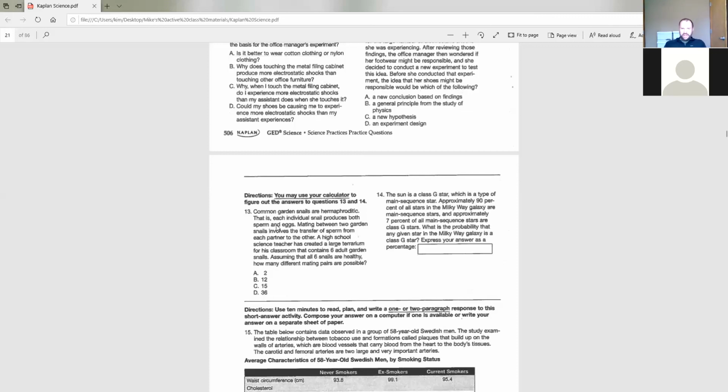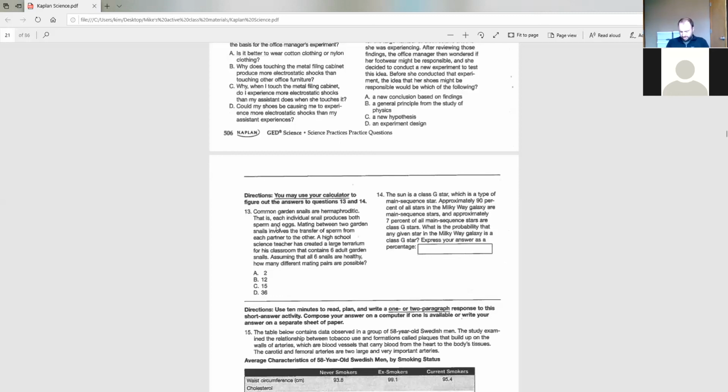Again, let's see what we're looking at. This is a tricky little math question, right? What is the probability, or what are the odds, that any given star in the Milky Way is a class G star? And we know that approximately 90% of all stars are main sequence stars, and approximately 7% of those are class G stars.